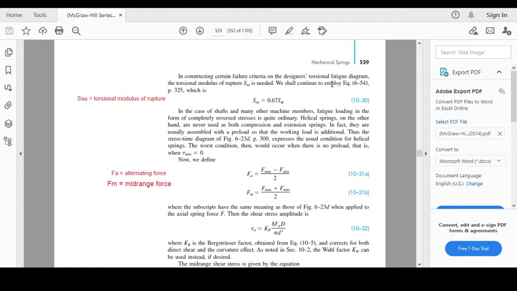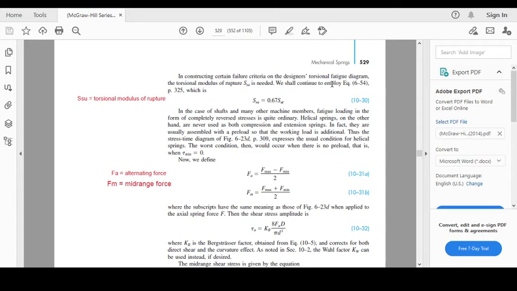In the case of shafts and many other machine members, fatigue loading in the form of completely reversed stress is quite ordinary. Helical springs, on the other hand, are never used as both compression and extension springs. In fact, they are usually assembled with preload, so that the working load is additional. Thus, the stress-time diagram in figure 6.3 to 3D expresses the usual condition for a helical spring. The worst condition will occur when there is no preload, where torsional stress is zero.